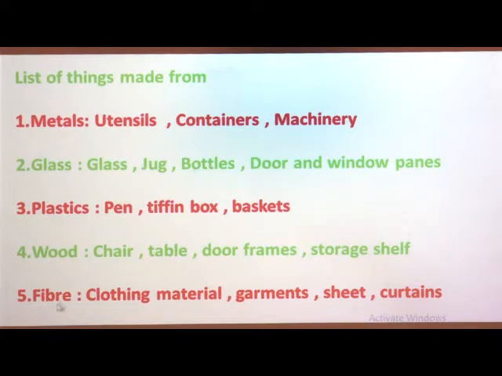Then fiber, from fiber we make clothing material, garments, sheets and curtains. So these are a few kinds of objects which we use, and these are made of different kinds of materials like metals, glass, plastic, wood and fiber.